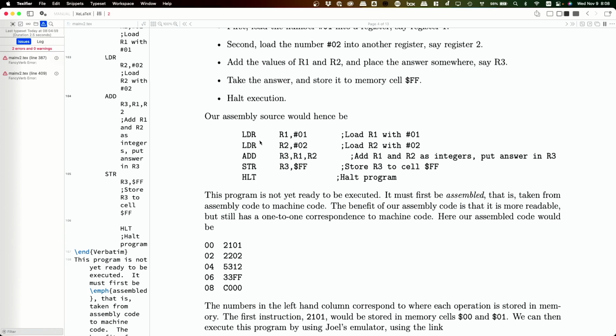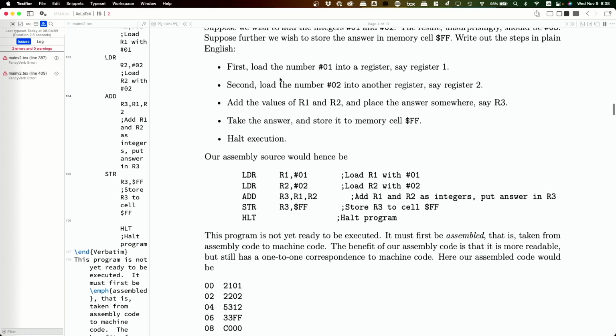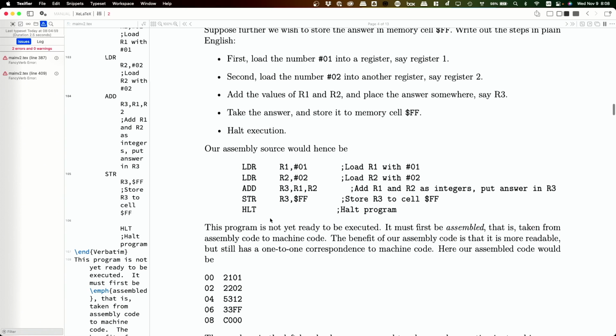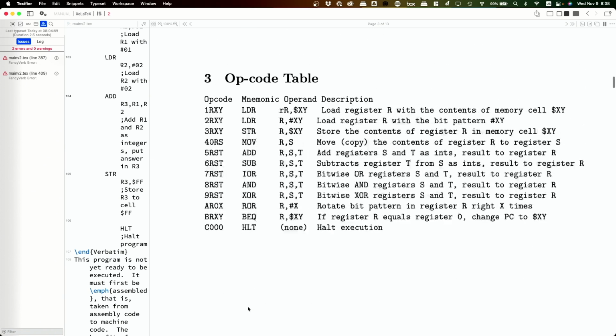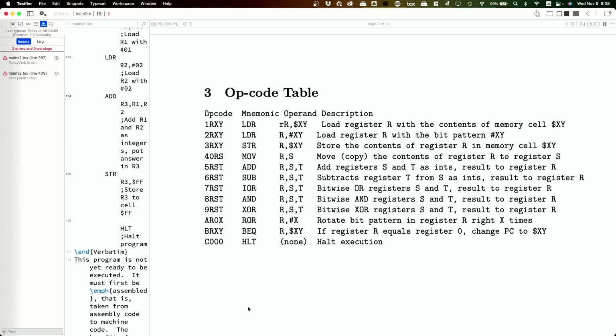So how did we translate the English into the assembly and then the assembly into the actual machine code? What did we have to know for this? We had to know the instruction set, which is our table here, that basically says how you have to write everything down, what format it's got to be in.